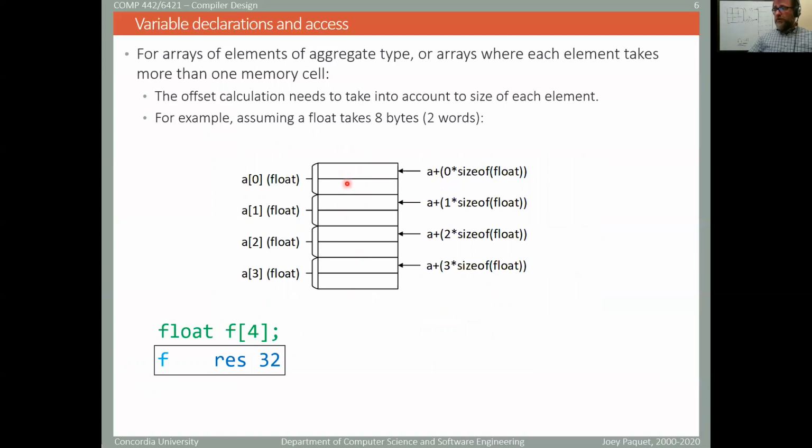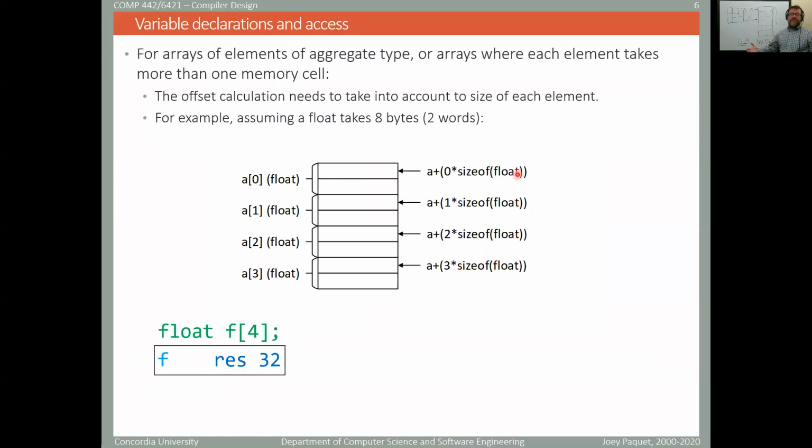That's basically going to create double the size versus an integer. So for example, if you have an array of 4 floats, and each float is stored in 2 words, you would have to reserve 32 bytes for this array of 4 floats. And basically, when you compute your offsets, of course you have to take into account the size of each of the elements.